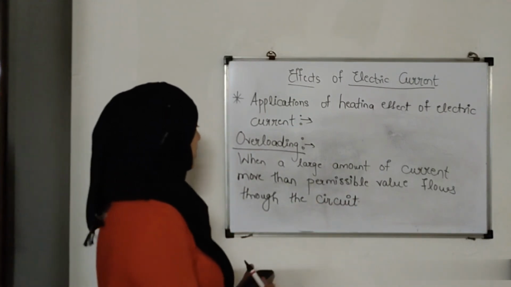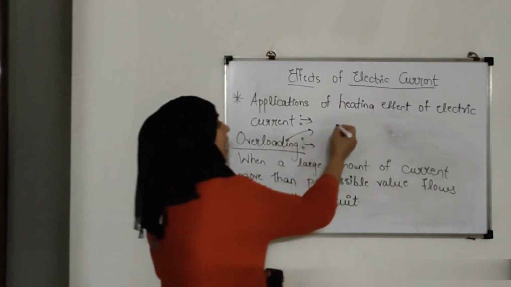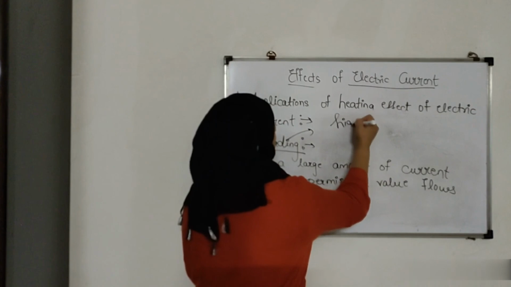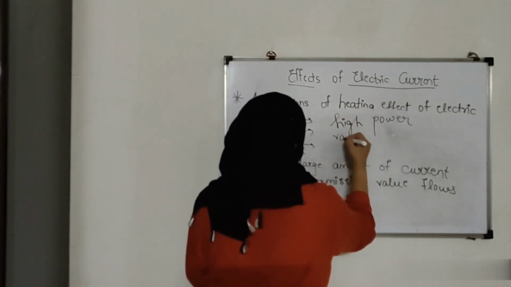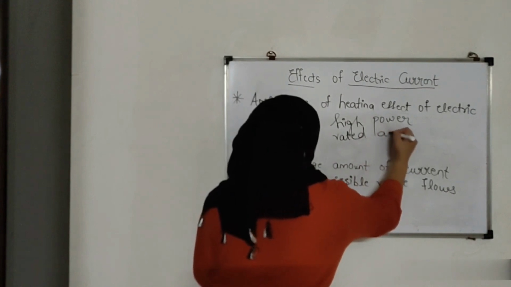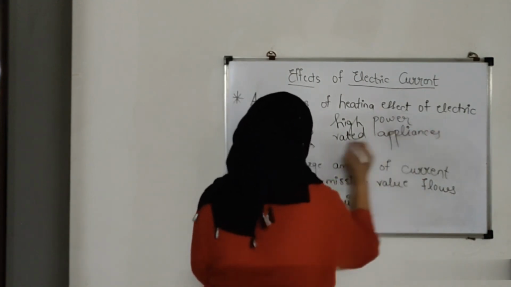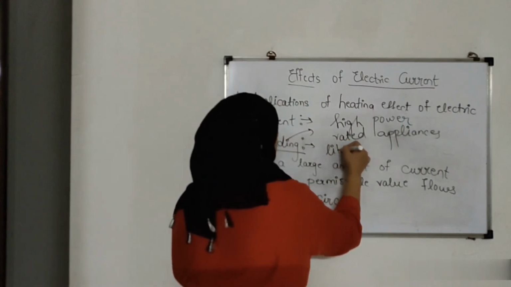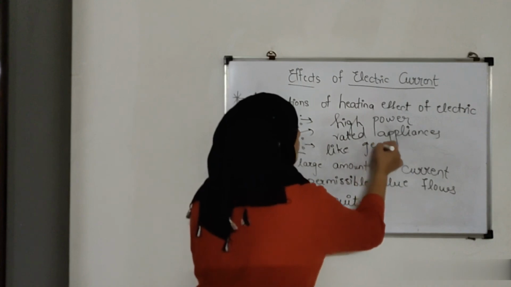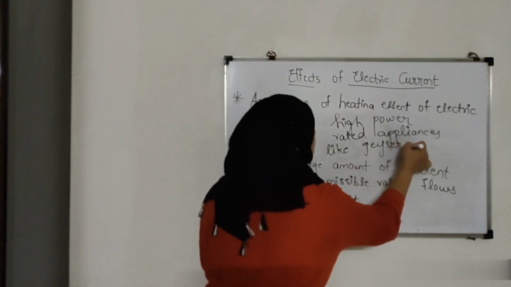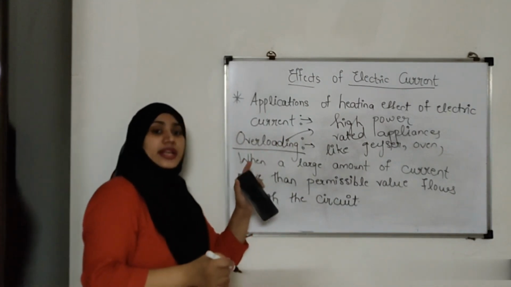Now when overloading happens, see, I have got high power rated appliances like geyser, motor, all such things. When I switch them on simultaneously, geyser, oven, motor, at that time overloading happens.